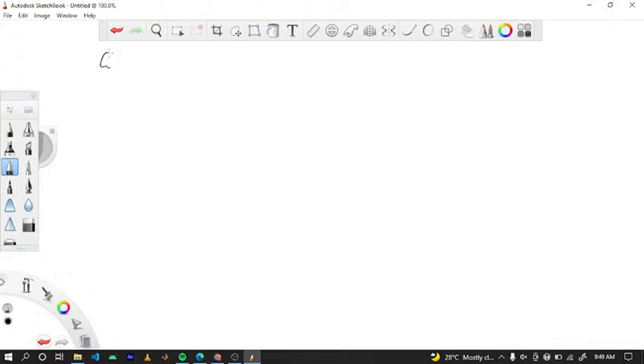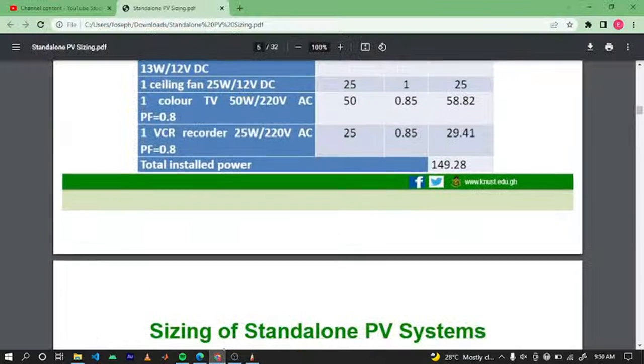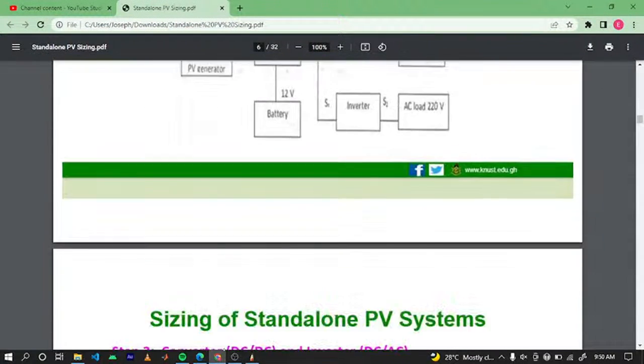So for converters, we use the nominal current. We will choose a converter with a nominal current greater than the load current times 1.1.